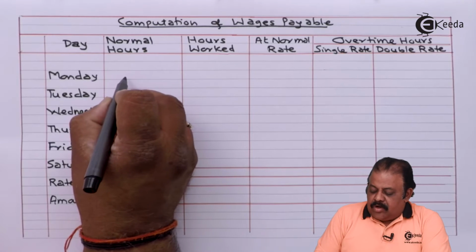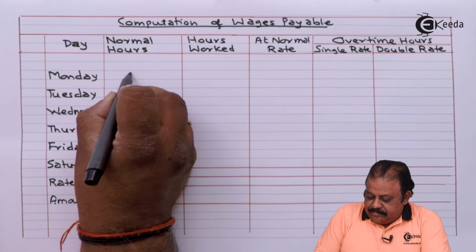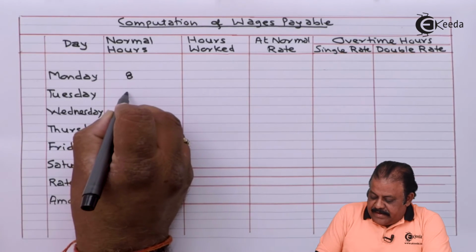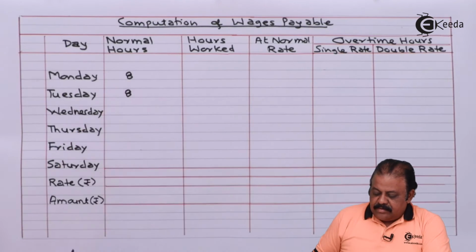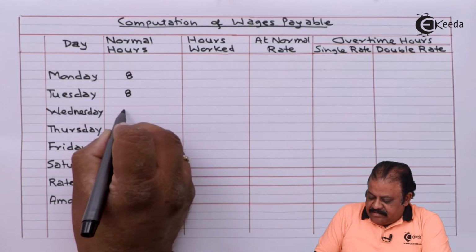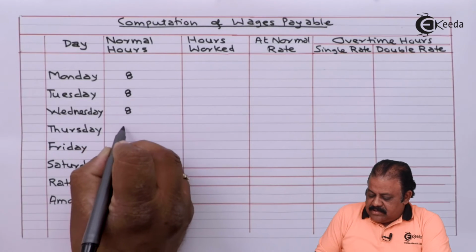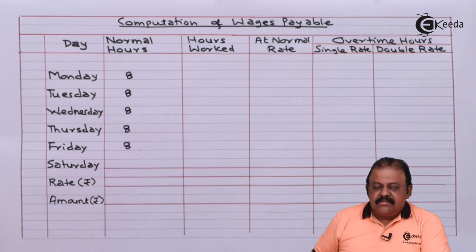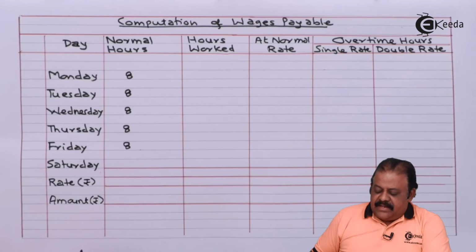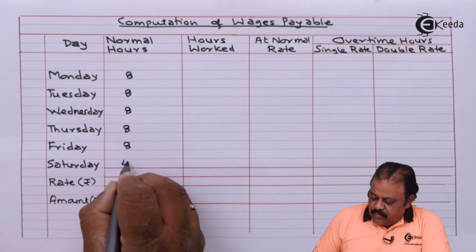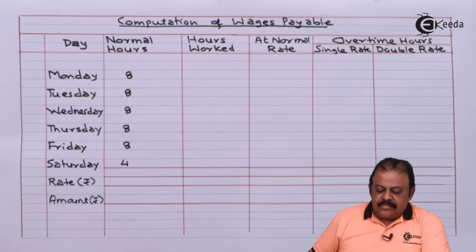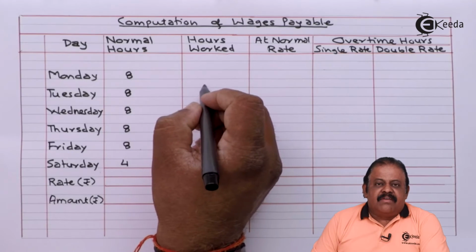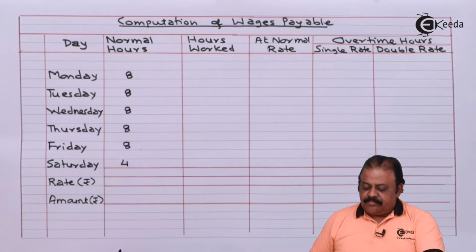So Monday normal hours 8, Tuesday 8, Wednesday 8, Thursday 8 hours, Friday 8 hours, Saturday considering half day, 4 hours. Actual hours worked we are required to record now.